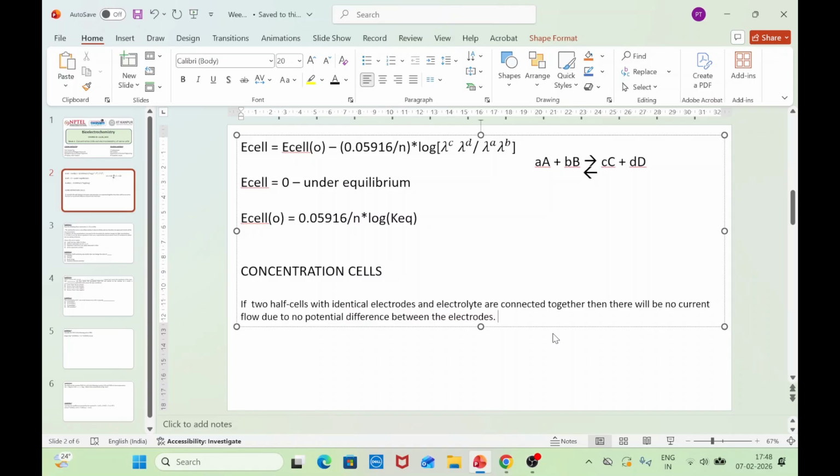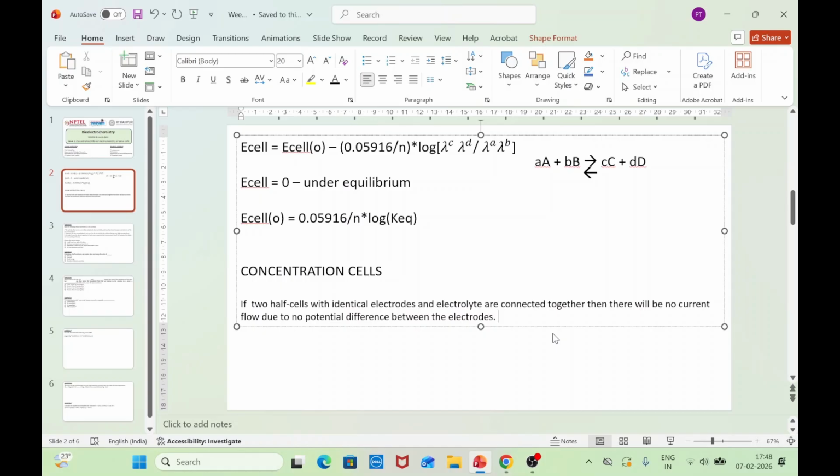My question related to the concentration cell was that with identical electrodes and electrolytes, I can still create a potential difference in the cell which will help the current to flow and from which I can derive the electrical energy.